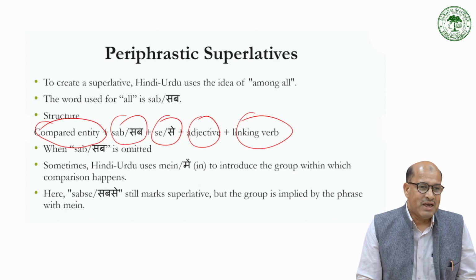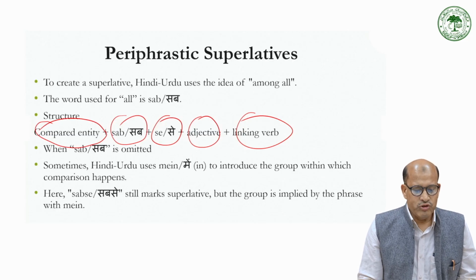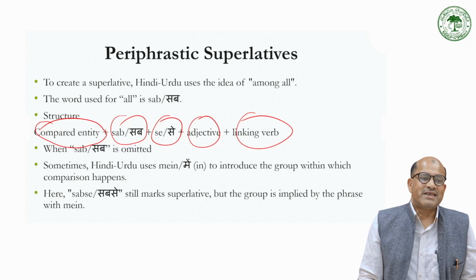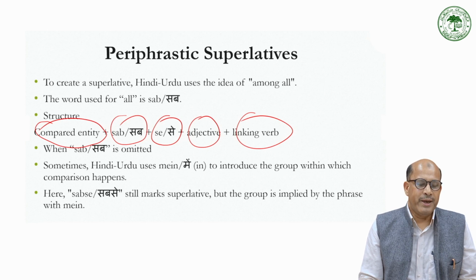When sab is omitted, sometimes Hindi Urdu uses mein to introduce the group within which comparison happens. Here sabse still marks superlative, but the group is implied by the phrase with mein.